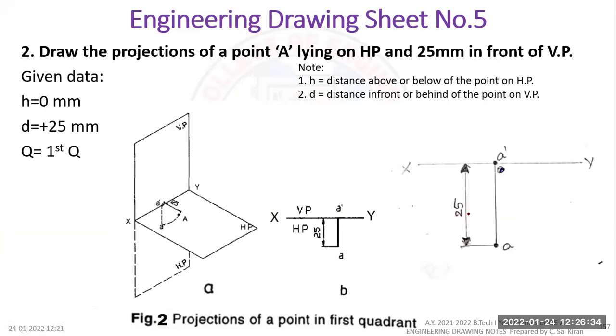This is what your seniors have drawn. So a dash lies on the XY line because H equals 0, and a is at a distance of 25 mm below. Any doubts? You can unmute and ask.